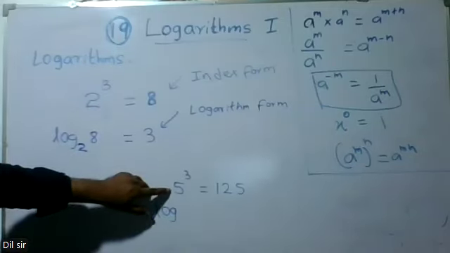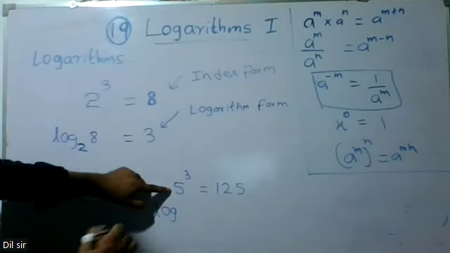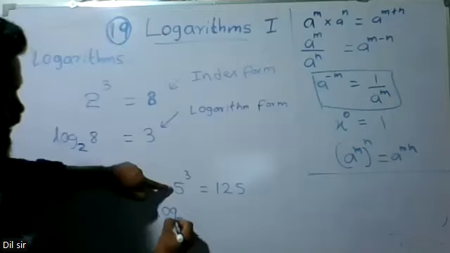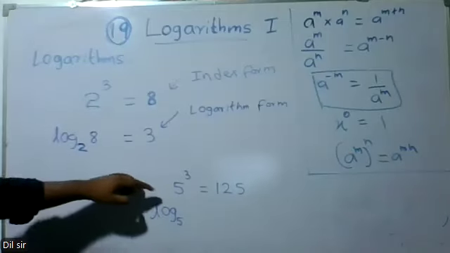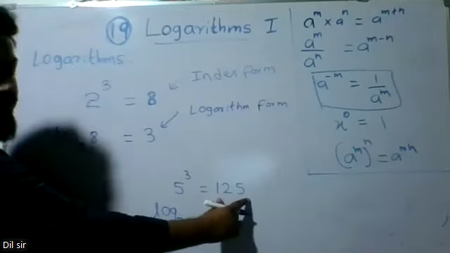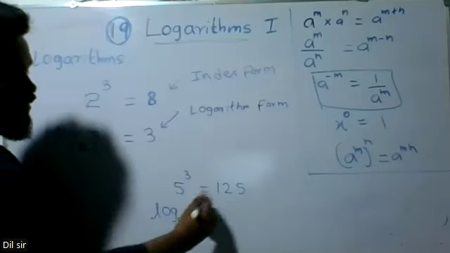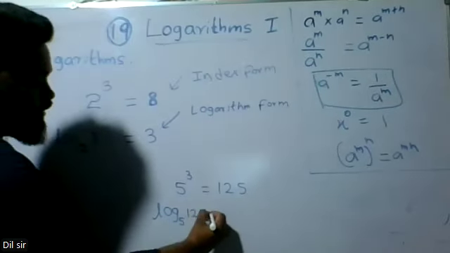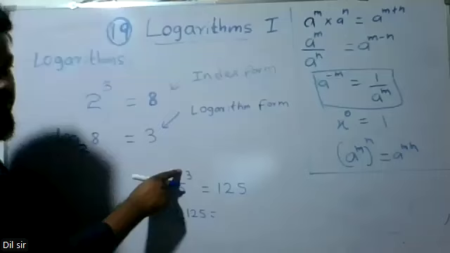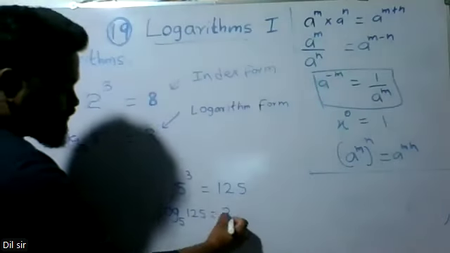What is the base? Base is 5. Then what is the log base? It is 5. What is the value here? 125. What is the index? 3.